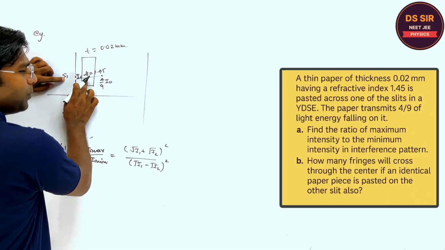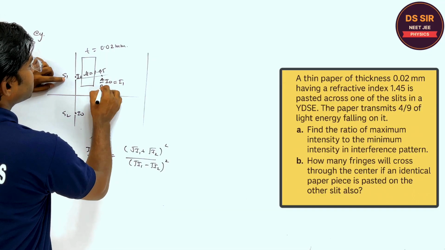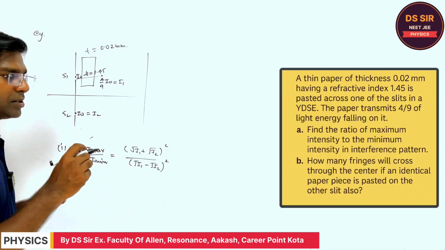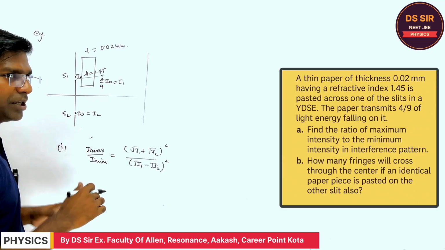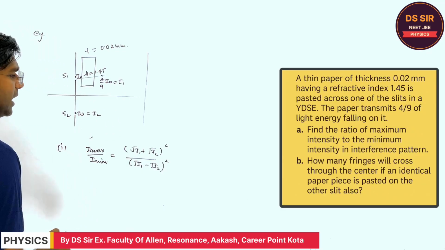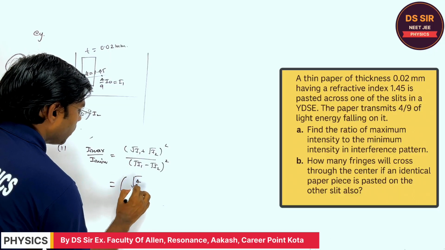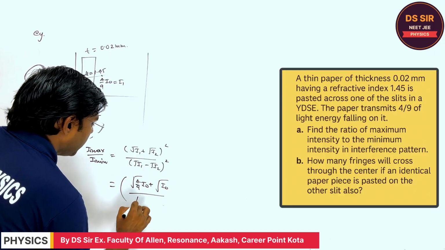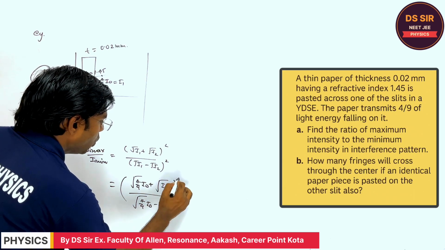So after putting the paper in front of the slit, the intensity becomes I2. Initially the intensity was the same, but after placing the paper the intensity is reduced to 4/9 times of the initial. So it is (root over 4/9 I naught plus I naught) divided by (root over 4/9 I naught minus I naught) whole square.